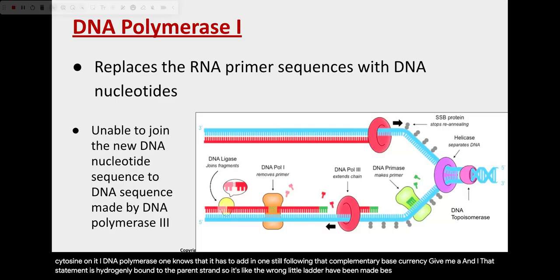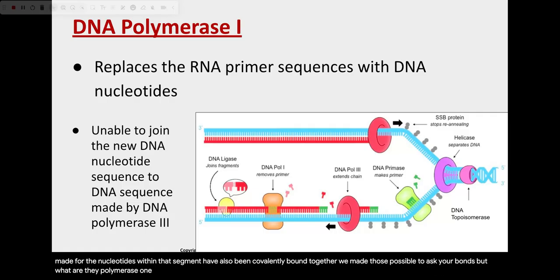The sides of the ladder have also been made, so the nucleotides within that segment have also been covalently bound together. We've made those phosphodiester bonds. But what DNA polymerase 1 cannot do is make the covalent bond from the nucleotides that it just replaced, and it cannot bind it to the nucleotides that DNA polymerase 3 added.